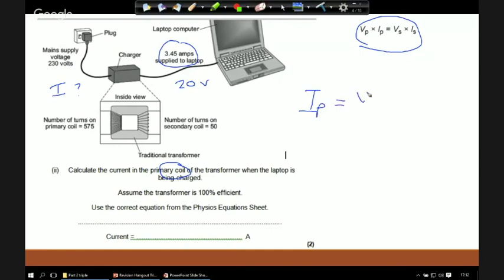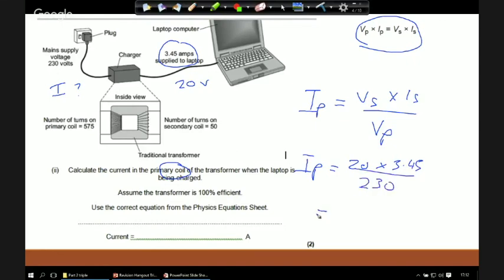So Ip is going to equal Vs times Is all over Vp. So Ip equals voltage on the secondary, 20, times my current on the secondary, 3.45, all over voltage on the primary, which is 230. And that should give me a final answer.